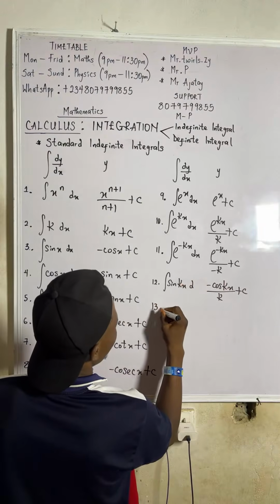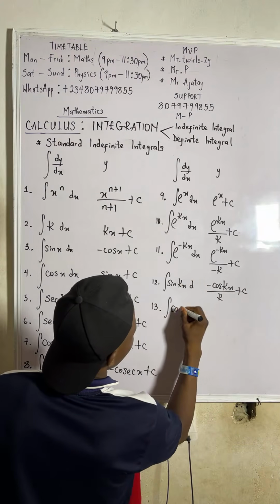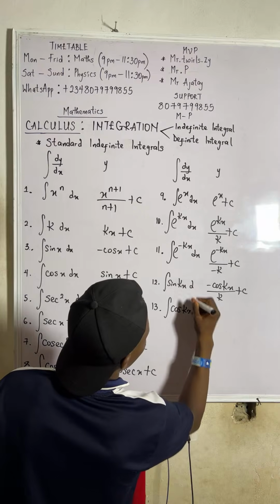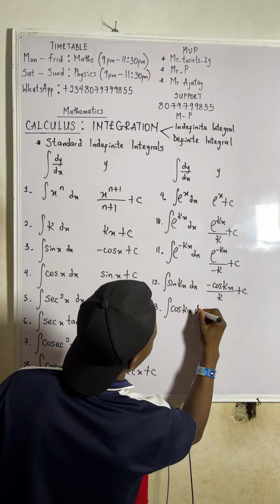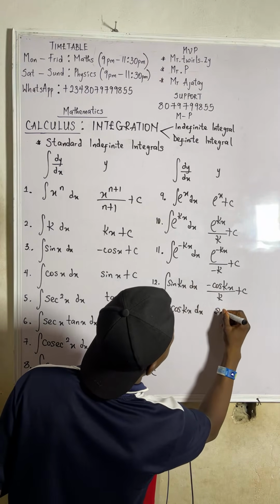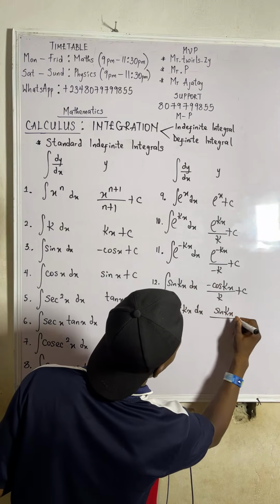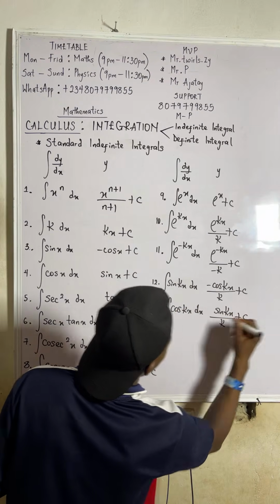Then 13, integral cos kx in respect to dx is sine kx over k plus c.